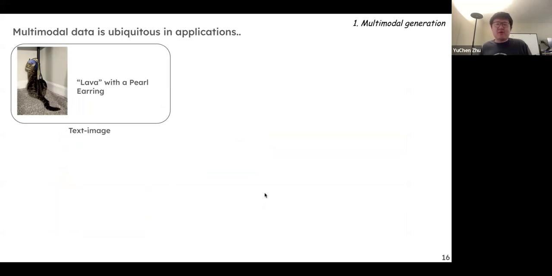Of course, this is an analogy to the famous painting Girl with a Pearl Earring by Johannes Vermeer. But the message I want to say is that for this text image modality, the information conveyed by the text and by the images have correlation. They have to be consistent with each other.